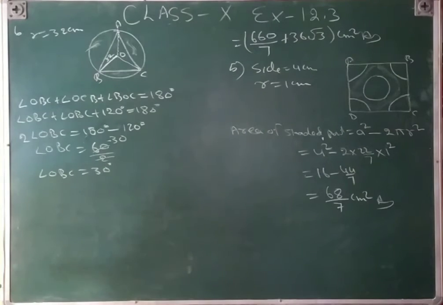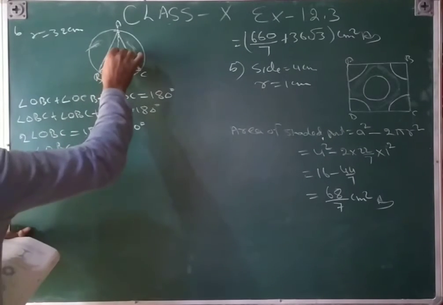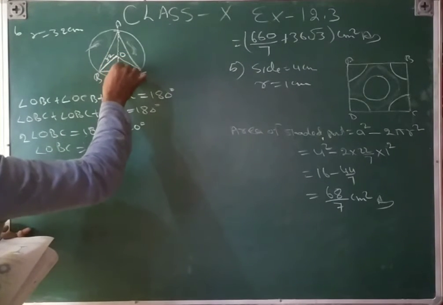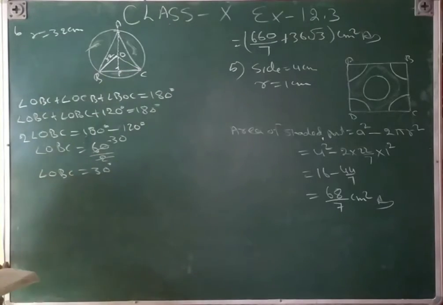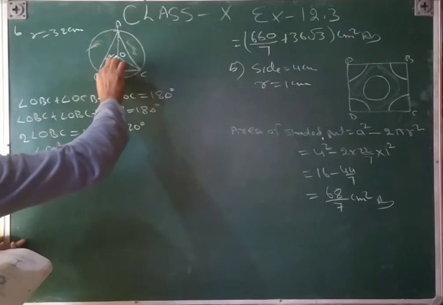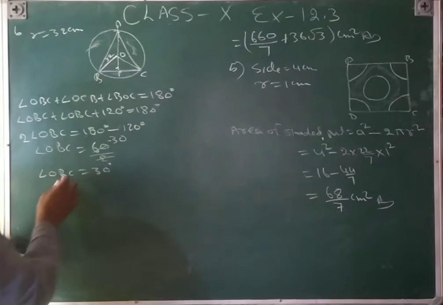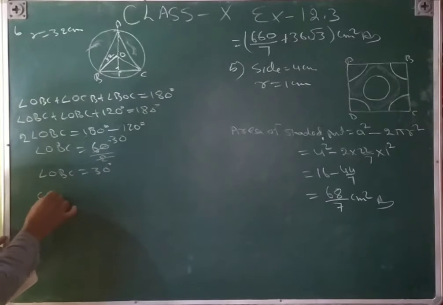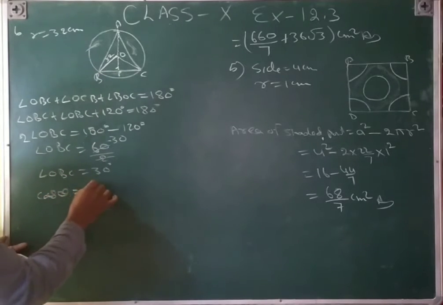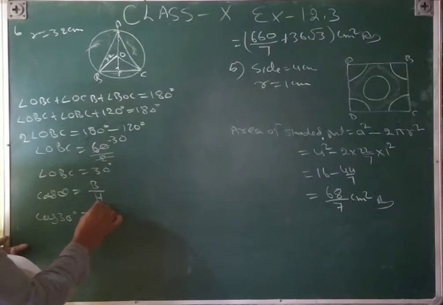We have found this one angle, and now we will put the perpendicular, that will be P. Here we have the hypotenuse, and we are finding the base. So that will be cos theta. Cos theta is equal to B upon H. So cos 30 degree is equal to base BP upon hypotenuse 32.